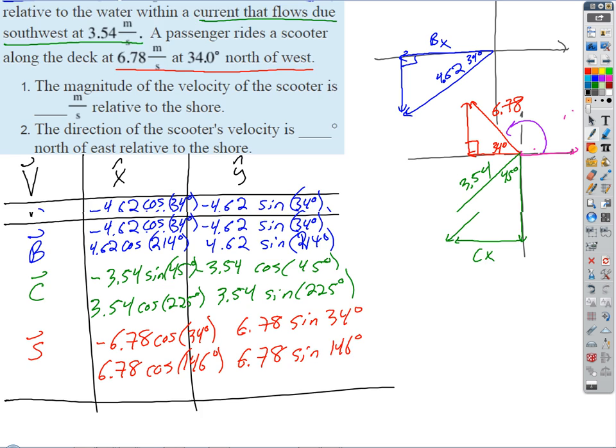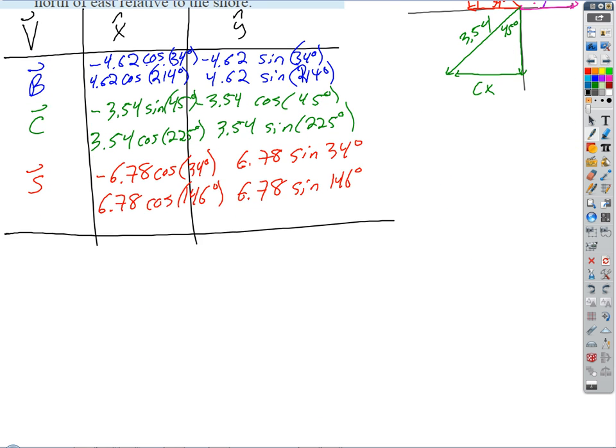And now we just put all that stuff in our calculator. And we're going to get a result, right? And you'll see here why it's easier. It's not a huge deal, but it's a little easier to do this using the whole angles.